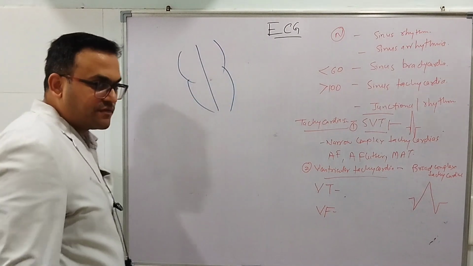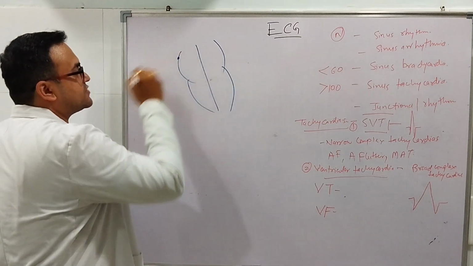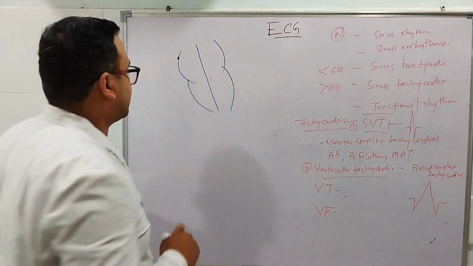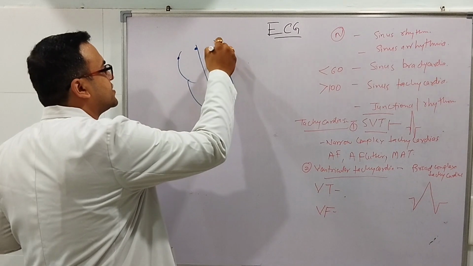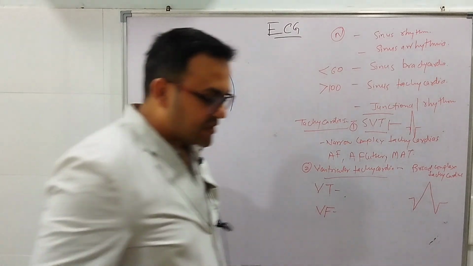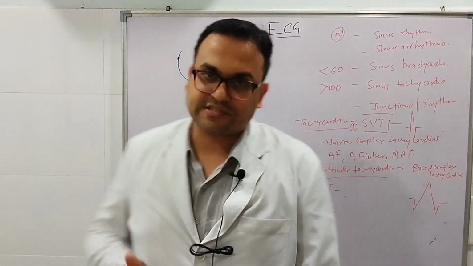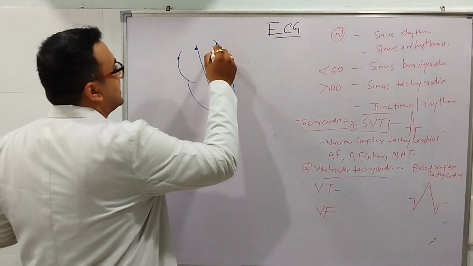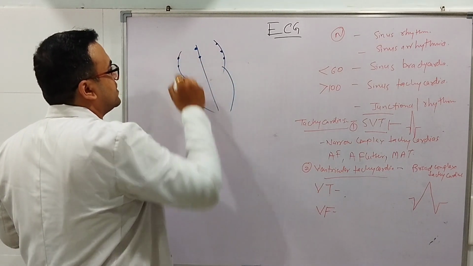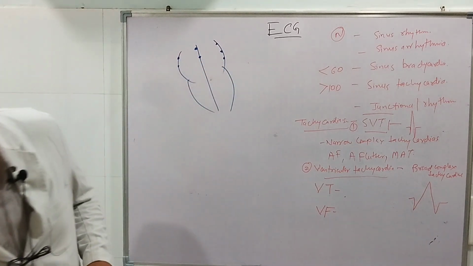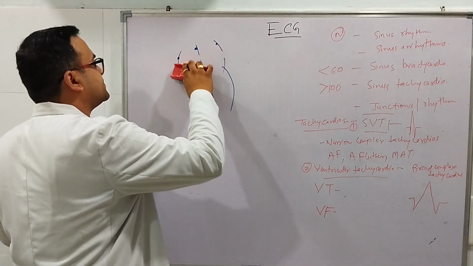What happens in atrial fibrillation is that the sinus node is not firing because somewhere in the musculature of the atria, there arises a focus which starts firing action potentials at different levels.